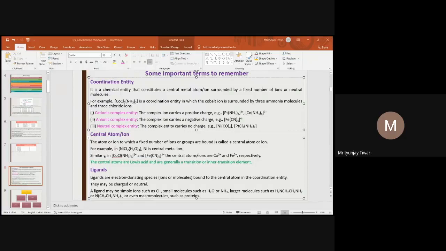Hapticity is represented with this sign, which is the Greek letter eta. If you put a superscript to it, for example eta 2, it represents how many contiguous atoms are donating to the central metal. Eta 2 describes a ligand that coordinates through two contiguous, consecutive atoms.